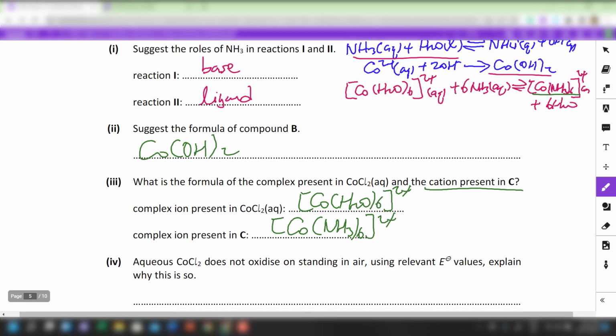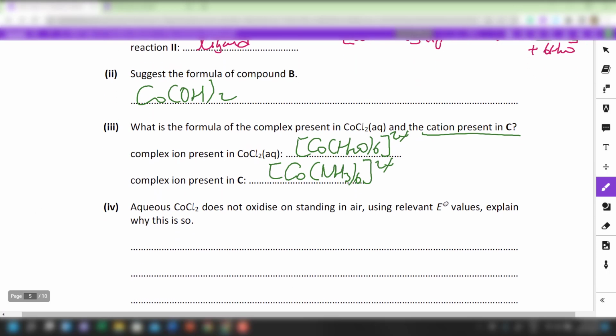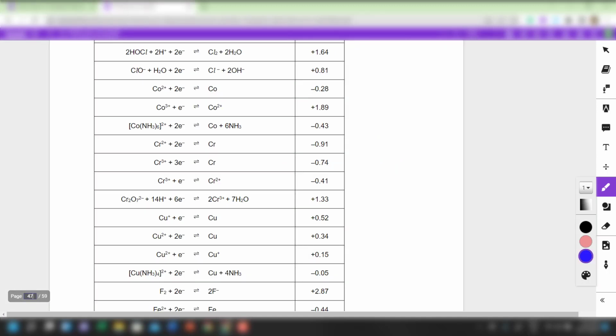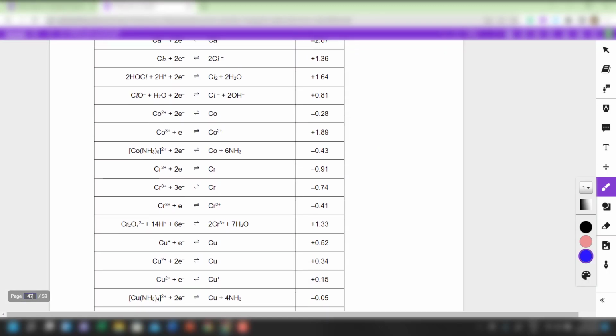Like this. And then for part 4, we were told that aqueous cobalt chloride does not oxidize on standing in air. Use relevant E0 values to explain why this is so. You notice that hexaamminecobalt(II) will be oxidized in air, but not hexaaquacobalt(II). Why is that the case? We will need the data booklet to help us. First of all, we need to go to the relevant information over here.